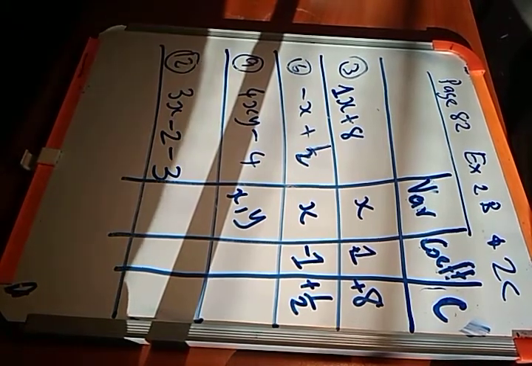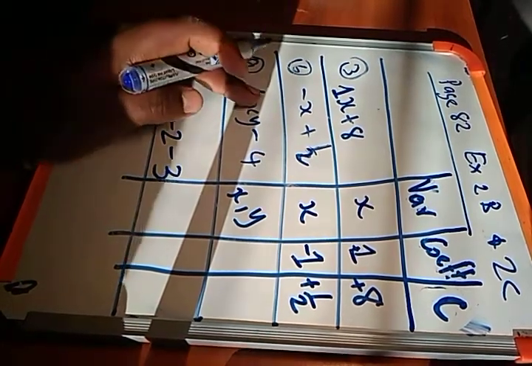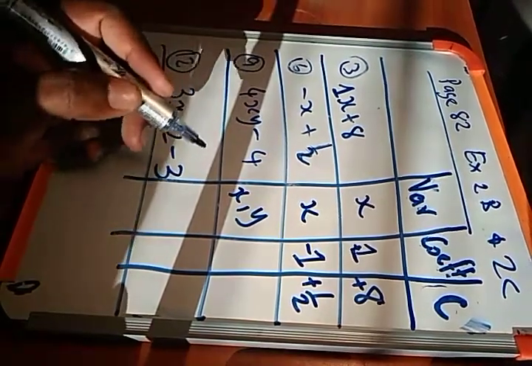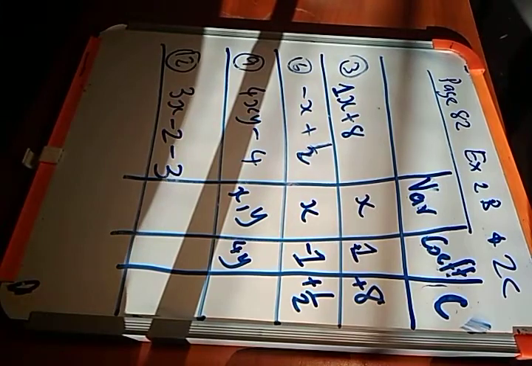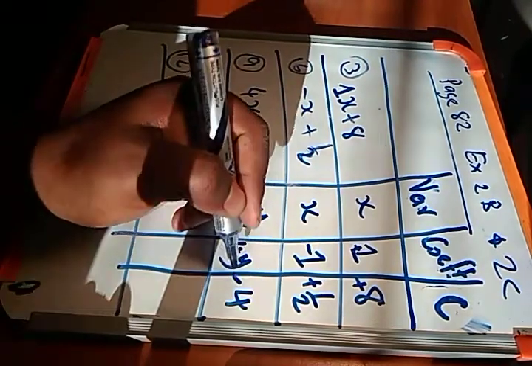What do I have to multiply x by to get that term? I have to multiply by 4y so that I get 4xy. So that will be the coefficient of x, and your constant is going to be negative 4.